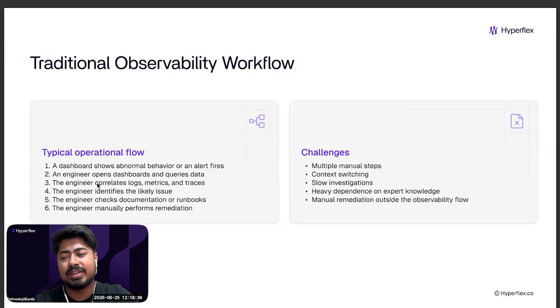Then they will try to correlate your data, which is your logs, metrics, and traces, and then they will likely find the issue, and then they will do some steps to mitigate or eradicate it, try to fix what causes this issue, and then the remediation will be done. But this is all a manual approach. This will take time, because there's a gap for a particular human to do the correlation, right?